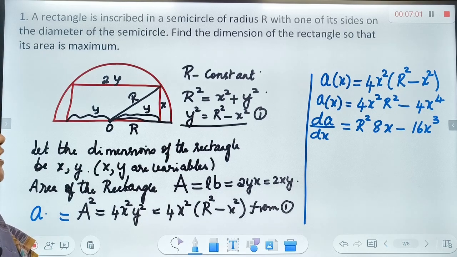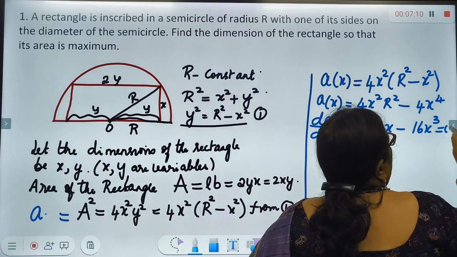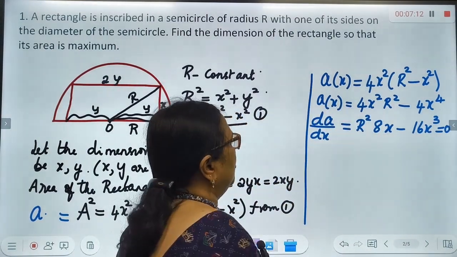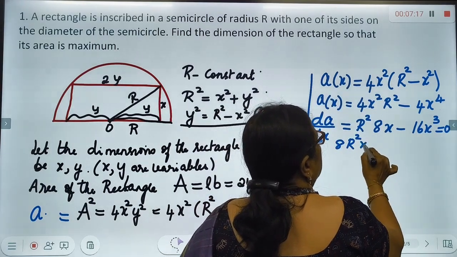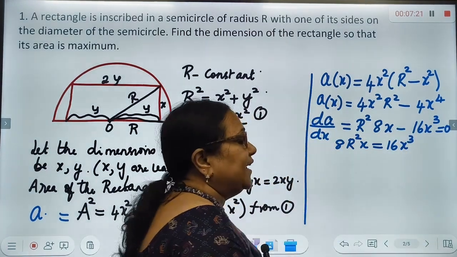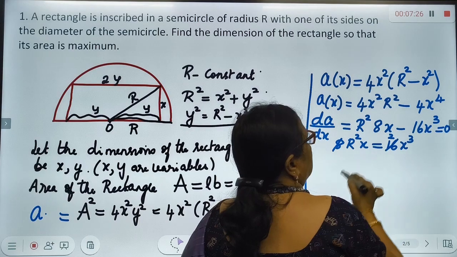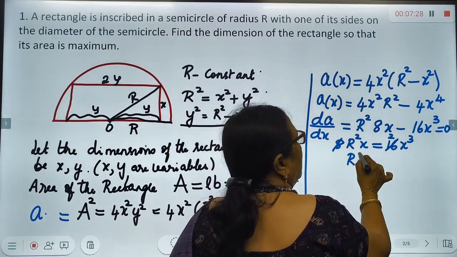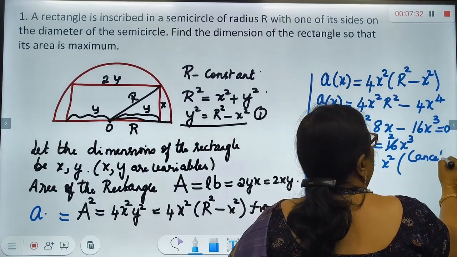The derivative of 4x square R square is, R square being constant, keep it as it is, 4x square, if I differentiate, I will get 8x. I am equating it to 0 because I want to find the critical point. So, 8R square x is equal to 16x cube. X being a length, I can cancel. 8 will go in 16 2 times. R square will be 2x square, cancelling x.